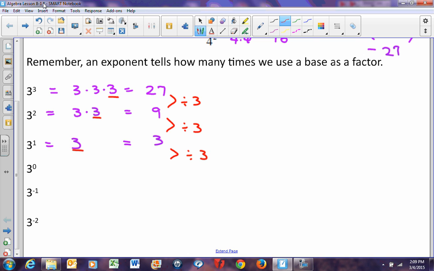So if we take 3 and divide it by 3, we get 1. And 3 to the 0 power does equal 1.